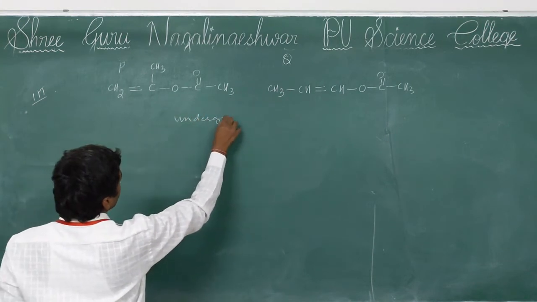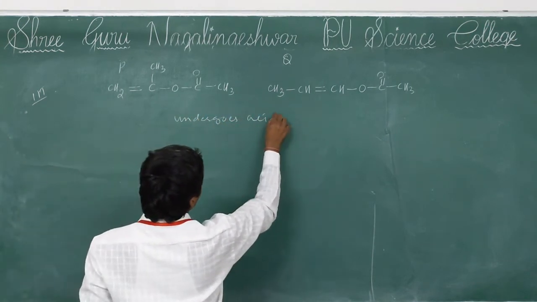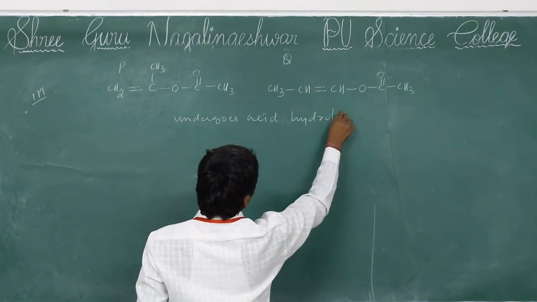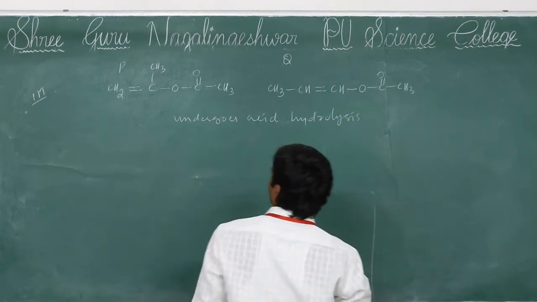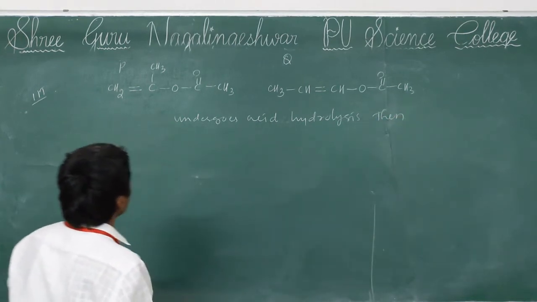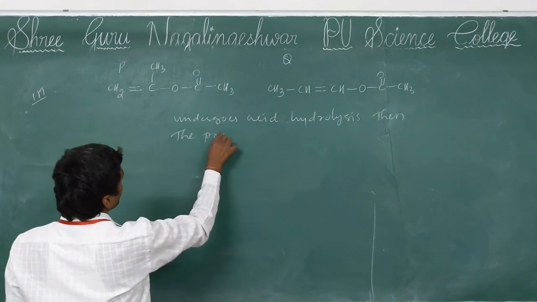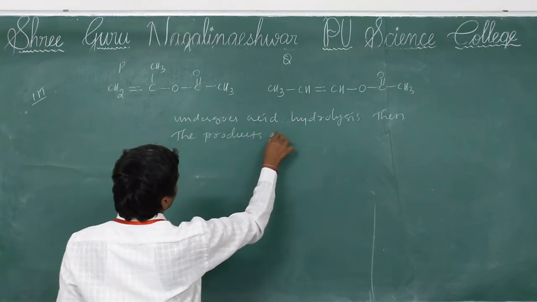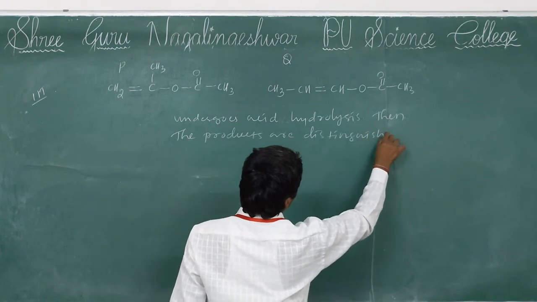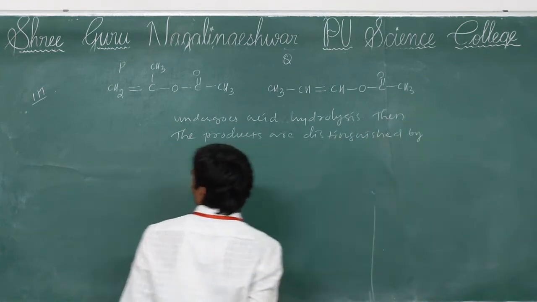They undergo acid hydrolysis. Then the products are distinguished by which option?